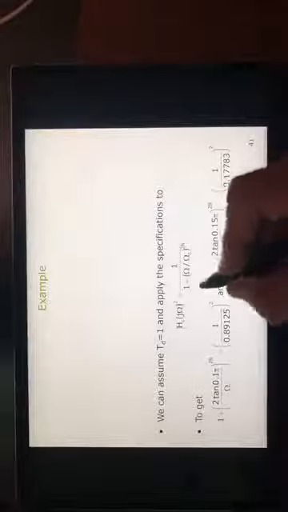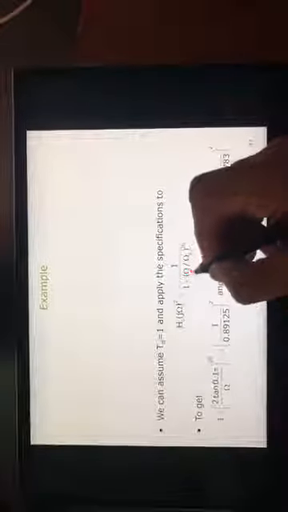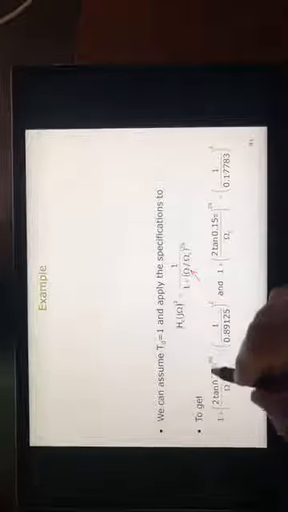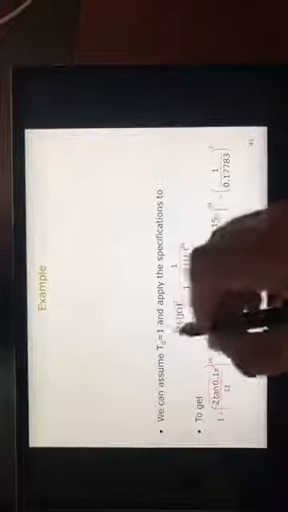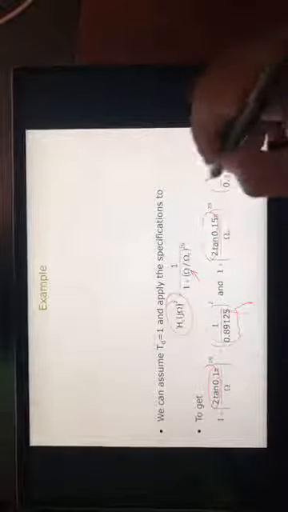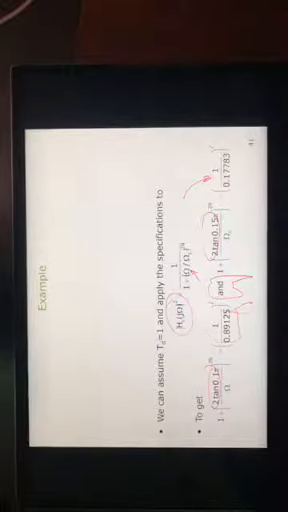And then you make two equations. First put this value of omega here, which is this value, and Hcj omega here, which is this value, and similarly value of omega and value of this. So these are the two equations, and solve them. You have two equations and two unknowns.